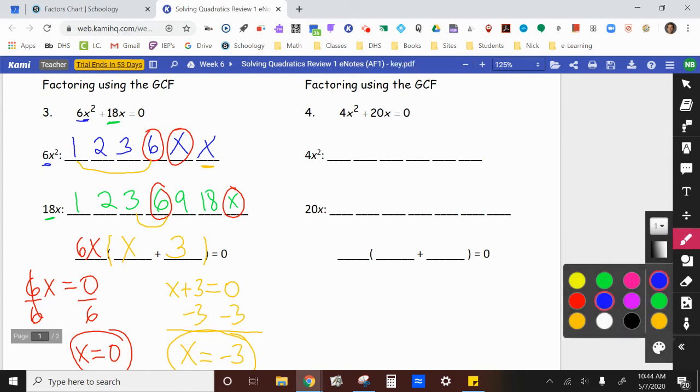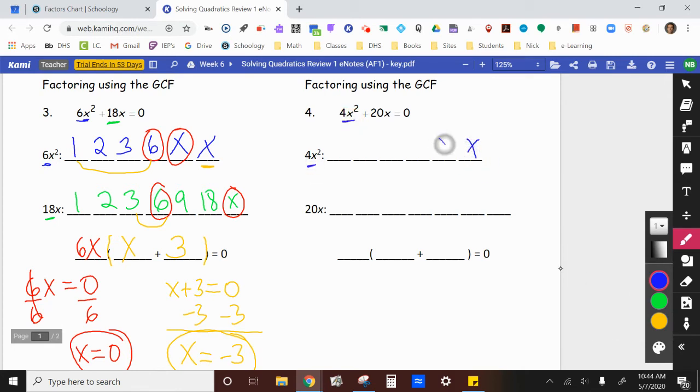All right, so for 4x squared, it's x and x, 1 times 4, and 2 times 2. Those are my factors of 4x squared. And now my factors of 20x are x, 1 times 20, 2 times 10, and 4 times 5.